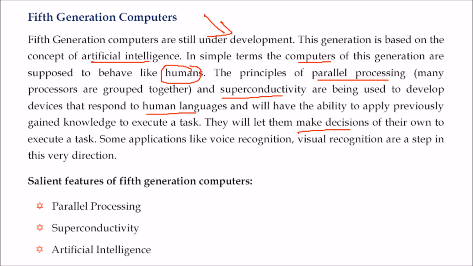Voice recognition and visual recognition are some of the steps. We already have products like automated, self-driving cars. Parallel processing, superconductivity and artificial intelligence are the salient features of the fifth generation computer.